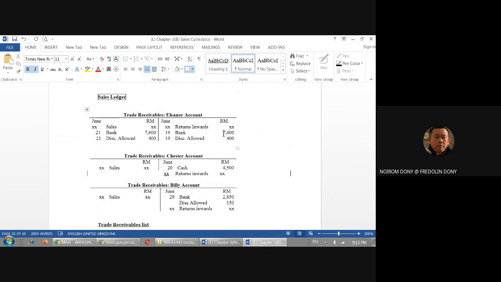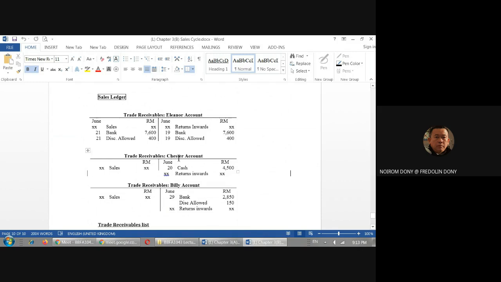So we have to make a debit entry, same amount, 7,600, and same particular, bank. So discount allowed also, same amount, 400, and same particular, discount allowed. But the date will not be the same, because only on the 21st did the bank inform our business that it has been dishonored. So reverse the entry.